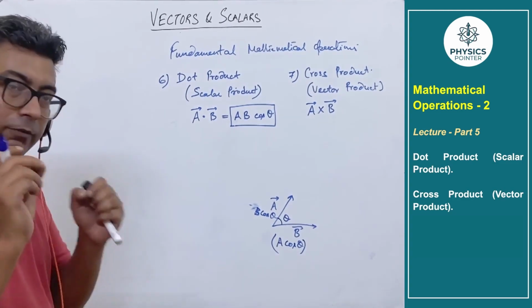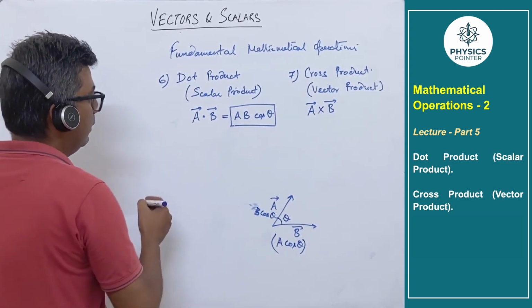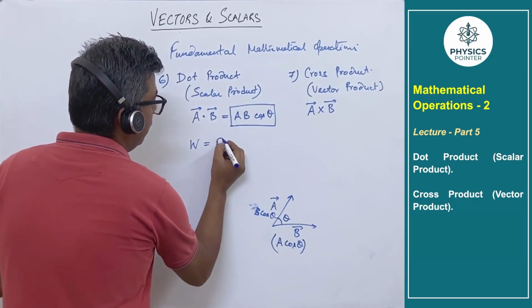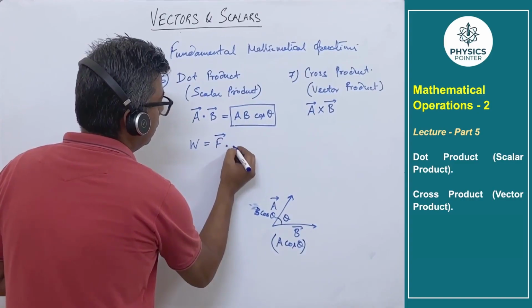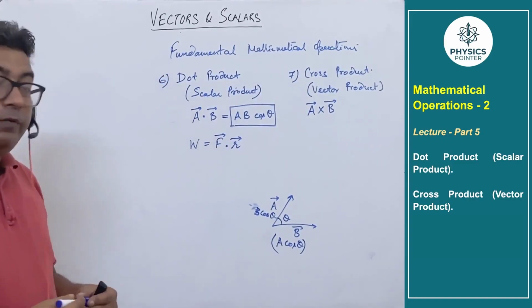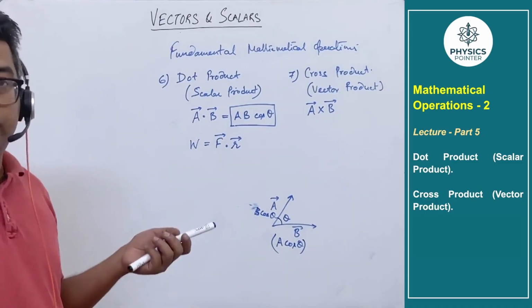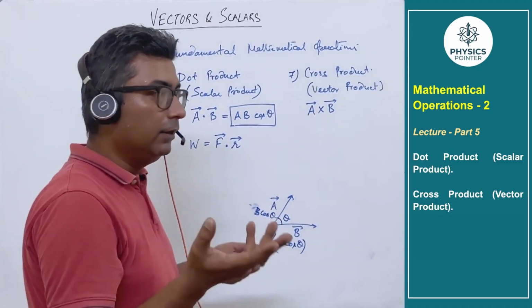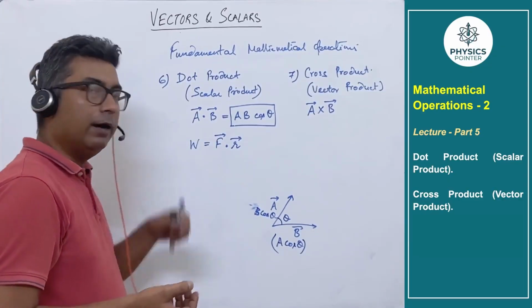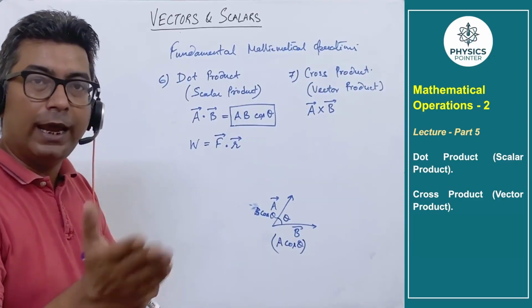I'll give you one very good example that you have already learned in class 10. That is work. Work is equal to force dot R. What we have learned till now is force into displacement, but actually it is the force dot product with R. How much is the force aligned to R?